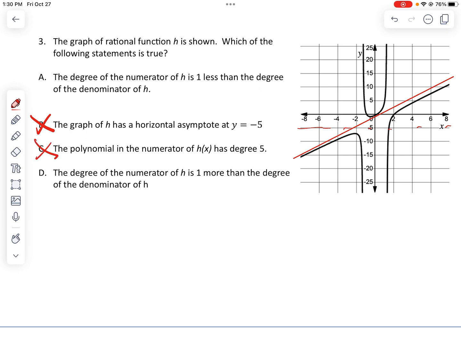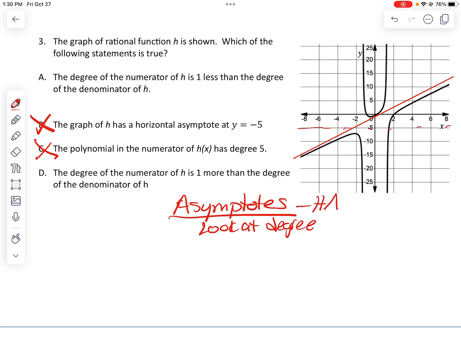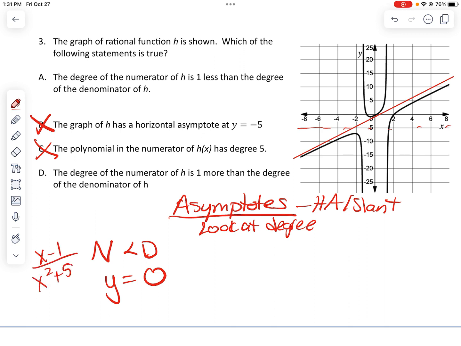We don't know anything about the degree, but if you remember, to find our asymptotes, we look at the degree. And again, this was for a horizontal and slant. If our numerator degree is less than the denominator, it's automatically at y equals 0. So like if you had x minus 1 over x squared plus 5x plus 2, the degree of the top is less.